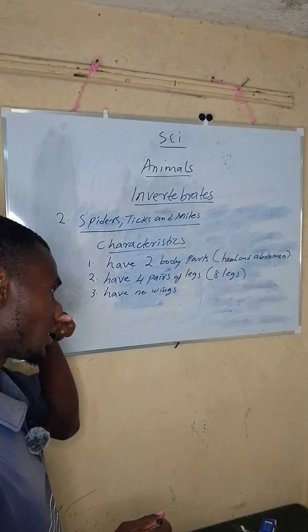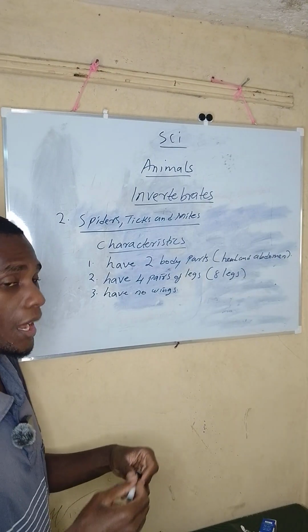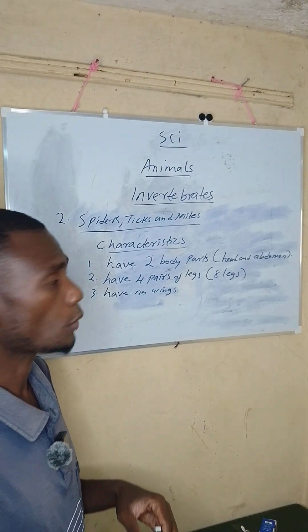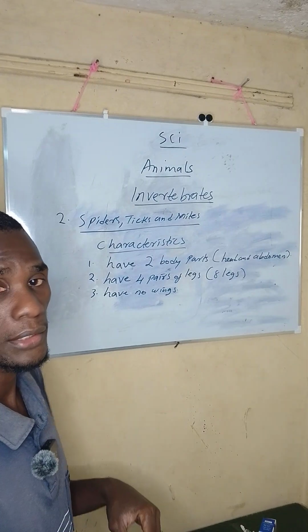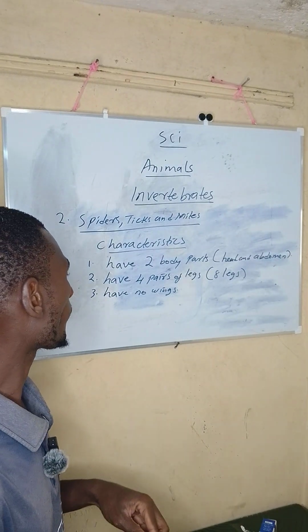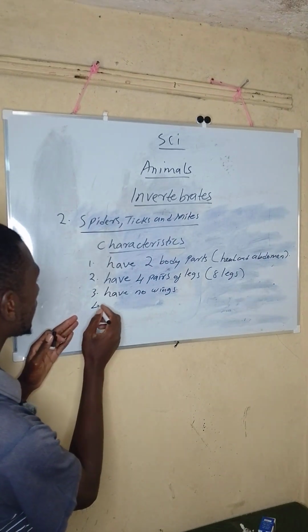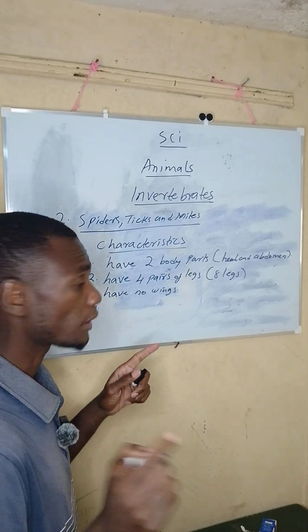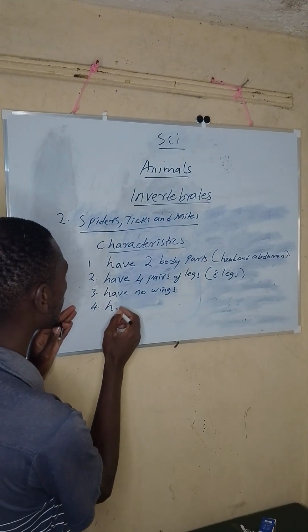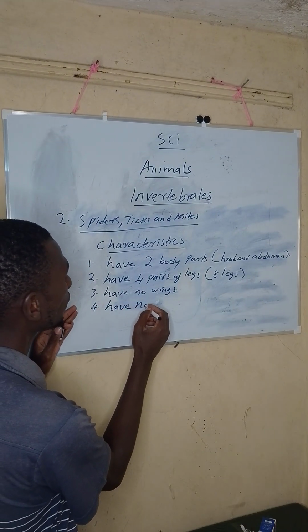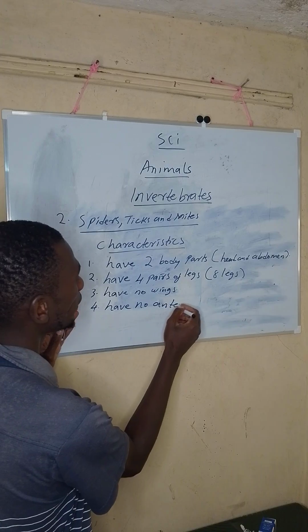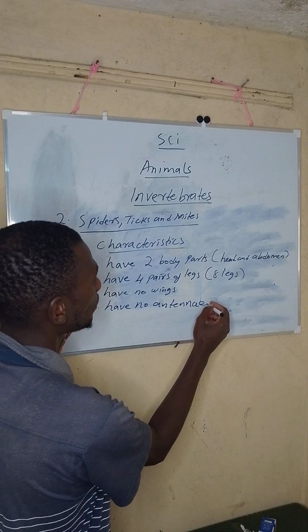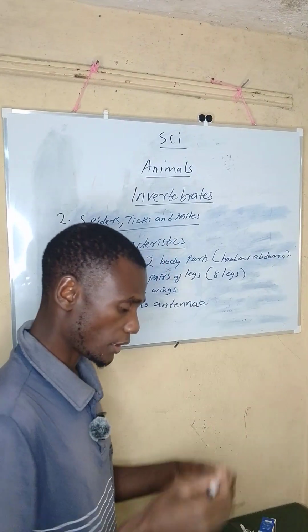So in this case, no, the issue of some have wings and some don't, no. They don't have wings, all of them. The insect had a pair of antennae. This one also, they don't have it. They have no antennae. Those feelers, they don't have them.